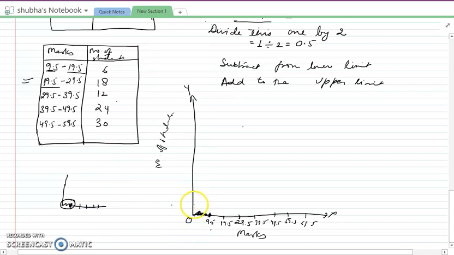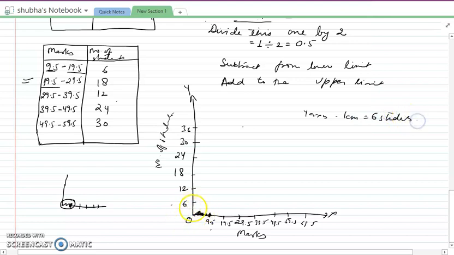And the frequencies are taken on the y-axis, like we have taken the frequencies 6, then 12, then 18, then 24, then 30, then 36. First scale is of 6, so we have to mark the scale also. On the y-axis, 1 centimeter is equal to 6 students.